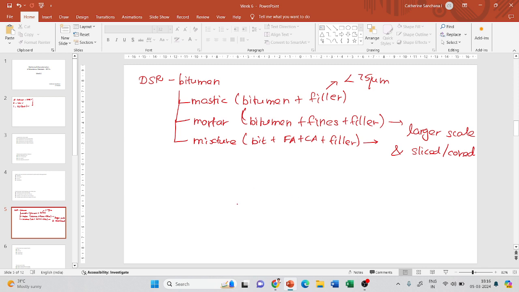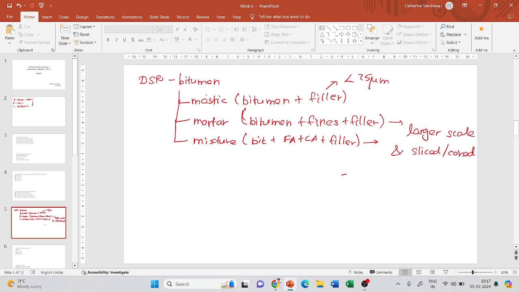It will have a maximum height with which it has a limited torque capacity, and also the height of the sample in the dynamic shear rheometer is limited, right? So obviously you cannot use bigger samples. You can always test samples in a smaller scale in a dynamic shear rheometer. So these are samples which are prepared. The mixture is carried out in a larger scale, and it is sliced or cored to the required dimensions.